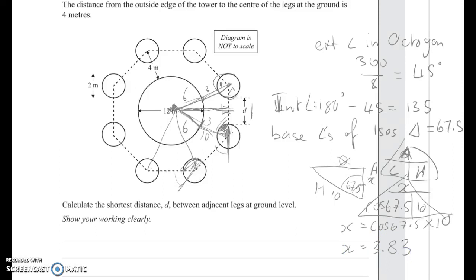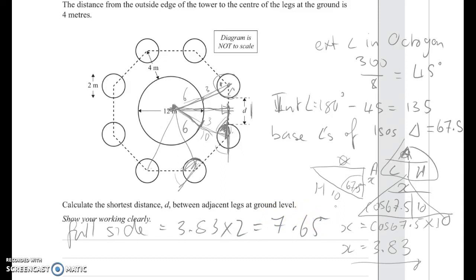Okay. So 3.83 is that full distance there. So I could times it by 2 to find the whole base, which is 7.65.